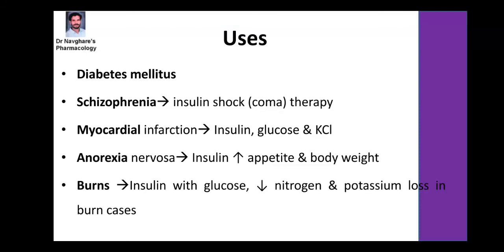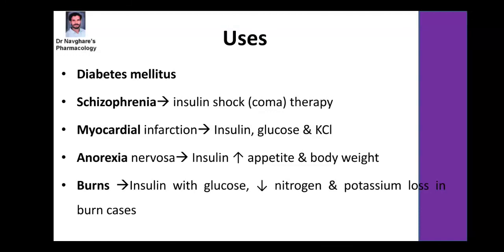So based upon that, what are the uses of insulin? Insulin is first and foremost used in the treatment of diabetes mellitus. Along with diabetes, it can be used in the management of schizophrenia, where insulin shock therapy was used, and in treatment of myocardial infarction, where insulin was used in combination with glucose and potassium chloride.